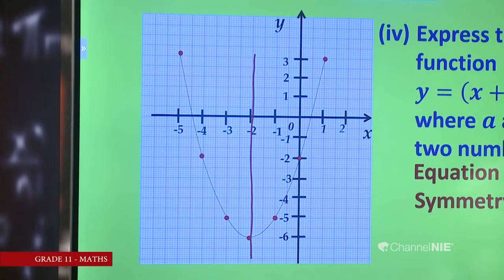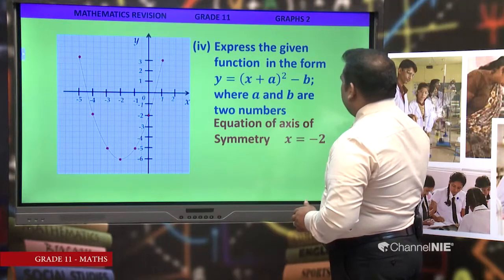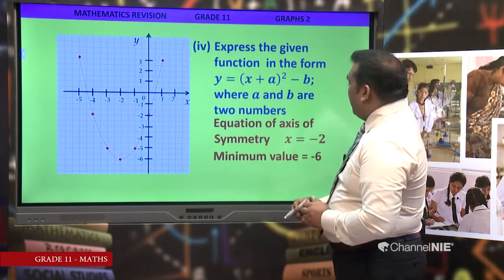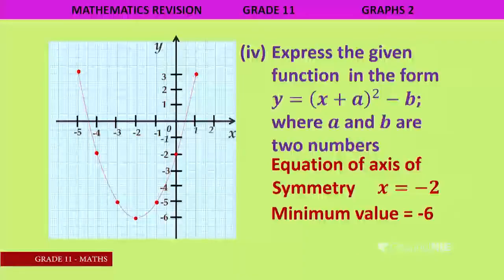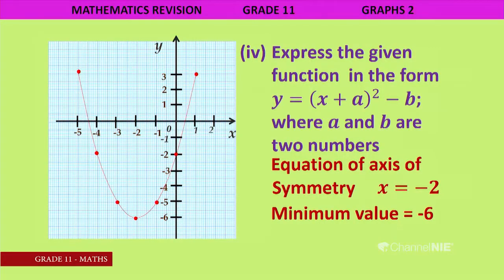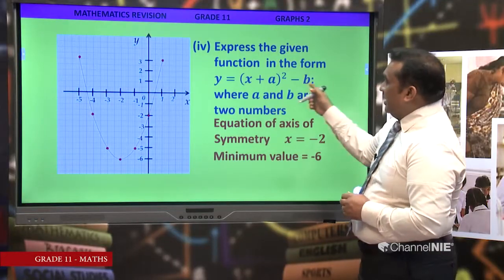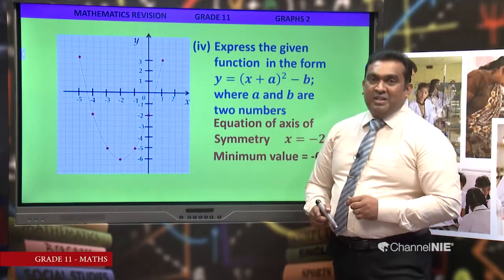Then next one, minimum value minus c. Minimum value means the y coordinate of the lowest point, -6. Then using the equation of axis of symmetry and minimum value, you can make the equation.